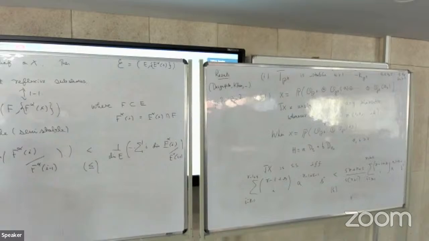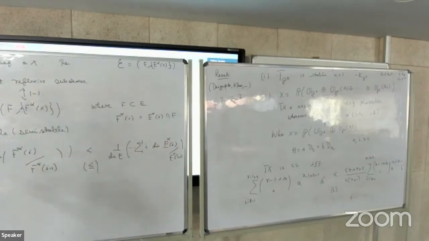So for Picard rank 2, if you give a toric variety, I know whether the tangent bundle is semi-stable or stable. The classification for toric varieties is there.